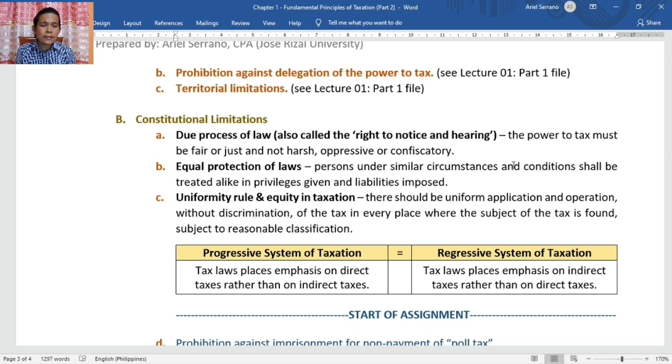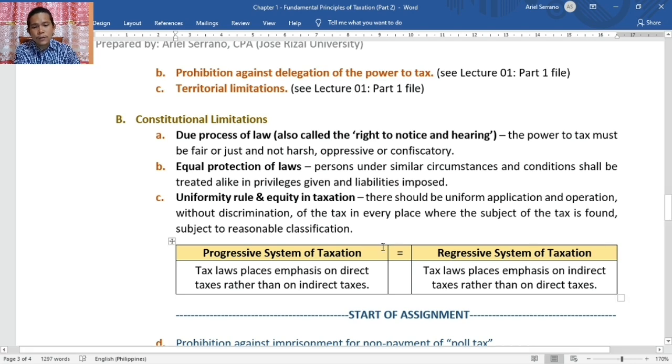You have to consider whether we are similar in terms of circumstances and conditions. Because if our circumstances are the same, then the application of the laws, of taxation, and of tax payments should also be the same. But if our circumstances differ, equal protection of law will not apply.